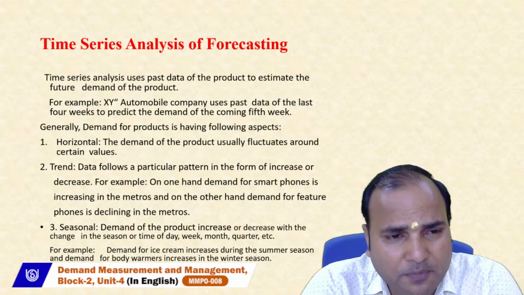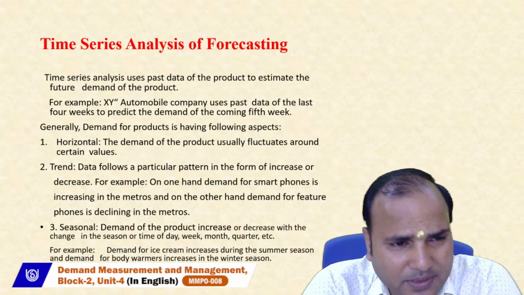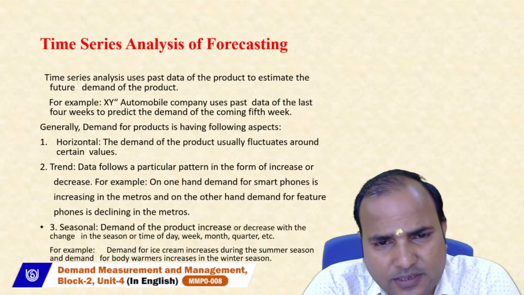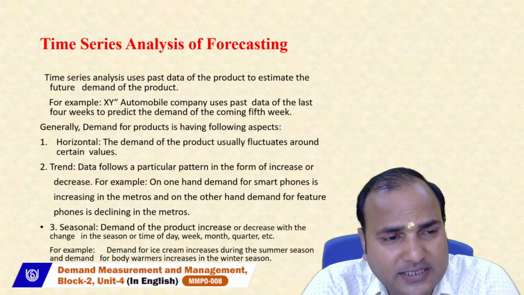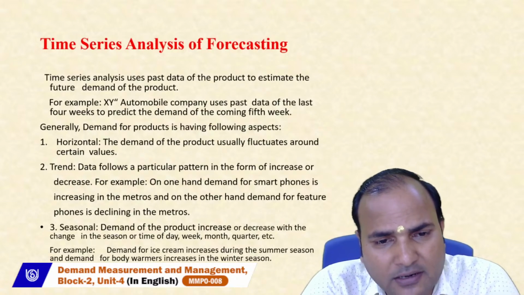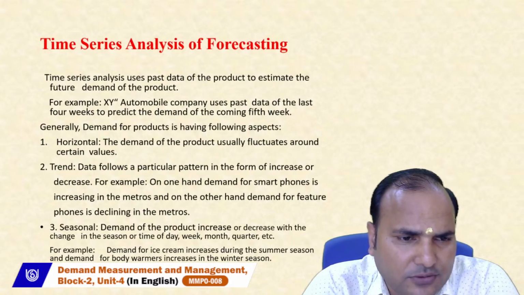Generally, the demand for products has the following aspects. It may be horizontal: the demand of the product usually fluctuates around some certain value. Then the trend: data follows a particular pattern in the form of increase or decrease.